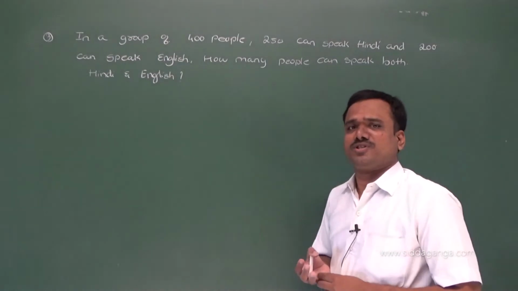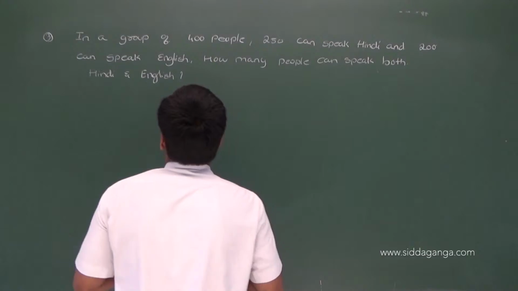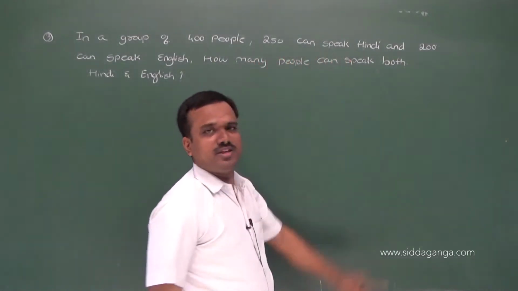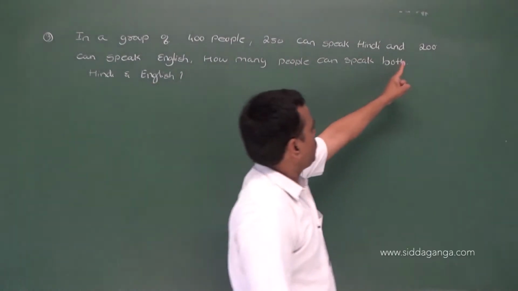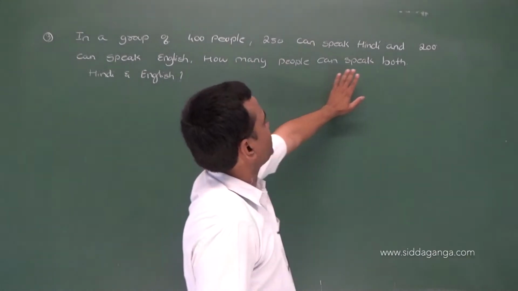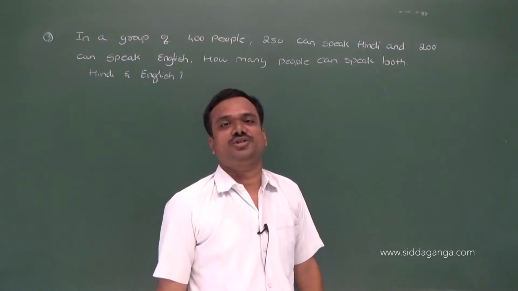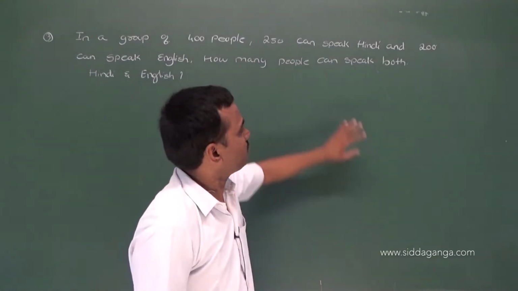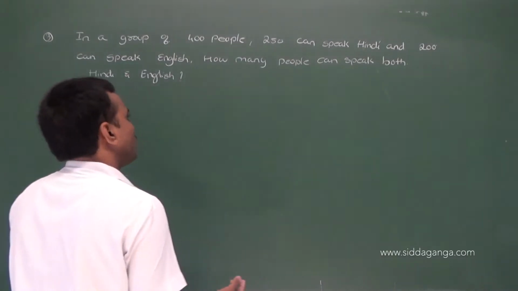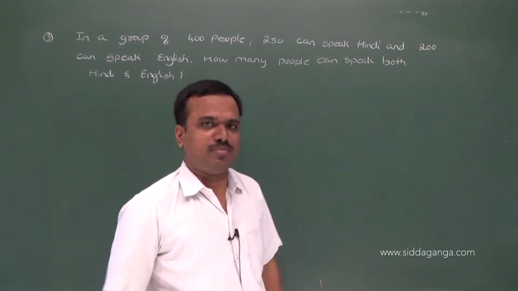See the problem first. Understand the problem. In a group of 400 people, 250 can speak Hindi, 200 can speak English. How many people can speak both Hindi and English? Same as what we solved in the previous two problems, same type of problem.